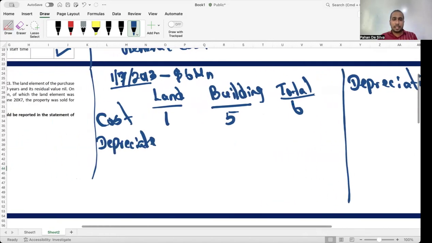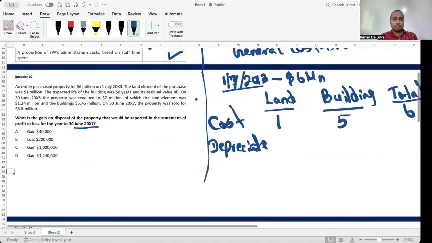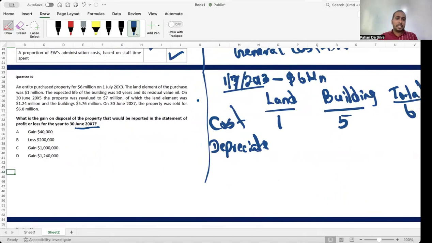But in this case, they have revalued the property by 30th June 2015. That means from 1st July 2013 onwards, we have to see how many years have passed. 1st July 2013 to 30th June 2014 is 1 year, and to 30th June 2015 is 2 years.